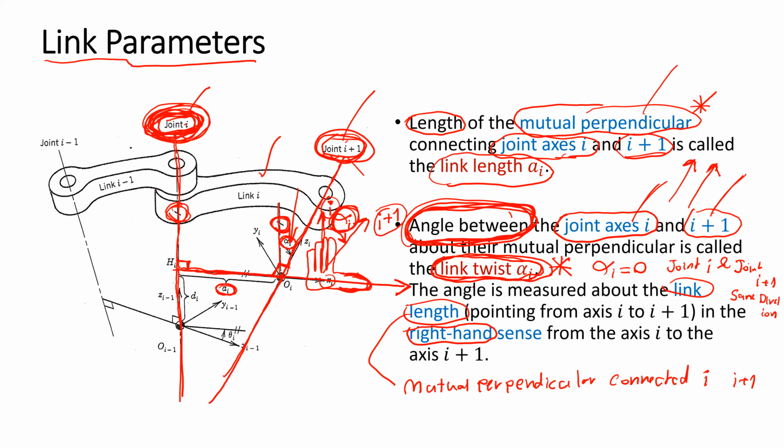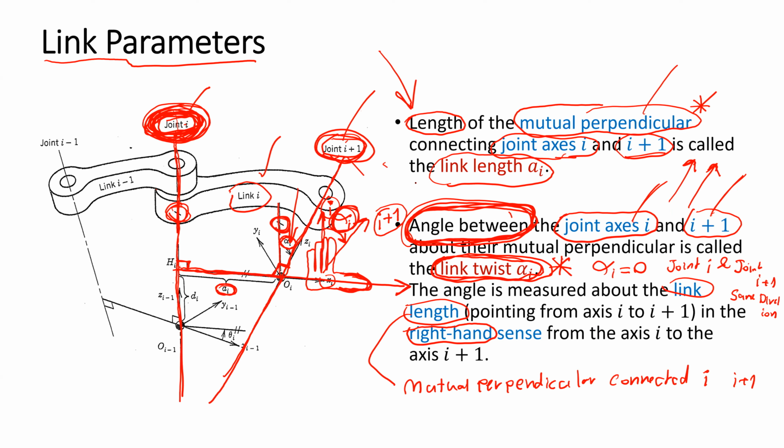In this page, there are two parameters of the link. The two parameters of the link never change, no matter what angle the link rotates about the joint. The parameters, link length and link twist, never change.